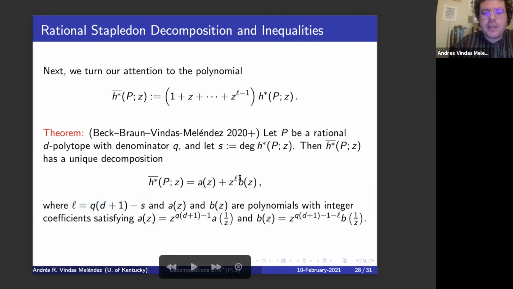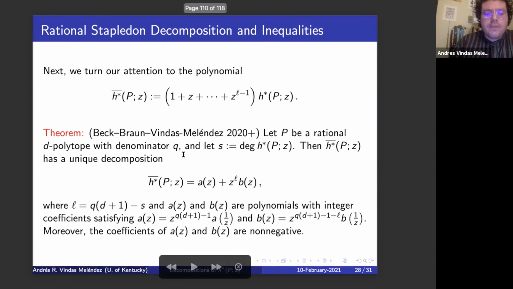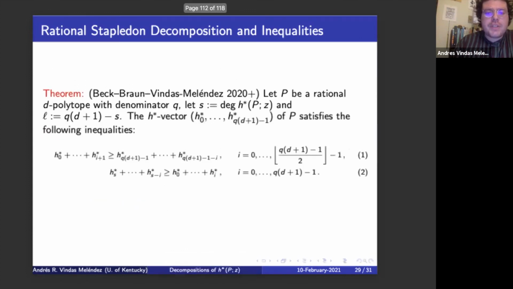Okay, that's what I'm calling L. And A of z and B of z are polynomials with integer coefficients that are symmetric. Furthermore, the coefficients of A of z and B of z are non-negative. Okay. And we use this H star bar decomposition to prove this result.